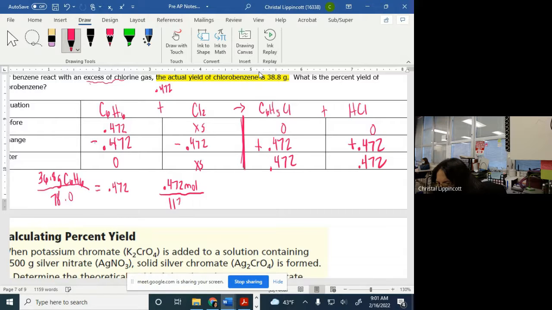I got those values right off the masses on the periodic table. I added all of those up and that gave me 112.5. So that's going to give me my grams of C6H5Cl in theory. So this is how much I should have made if this reaction would have all gone correctly.